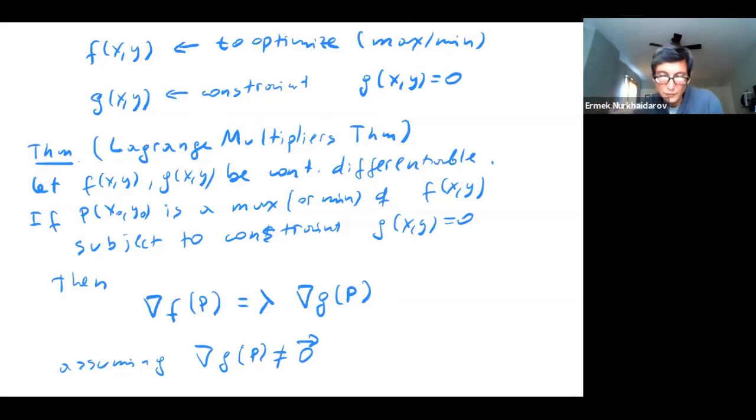Okay. So let me try to maybe give you intuition on why that is true. And then I will write down a couple of examples of how to use the Lagrange multipliers. We have g of x, y, our constraint, equals 0. So that is going to be a kind of curve.